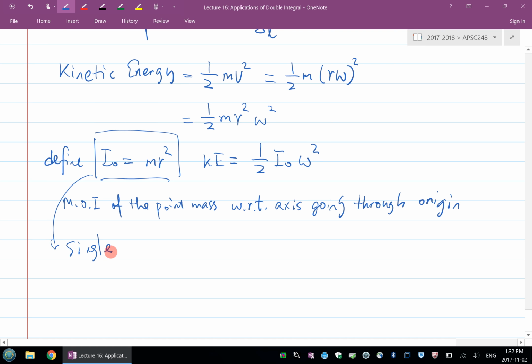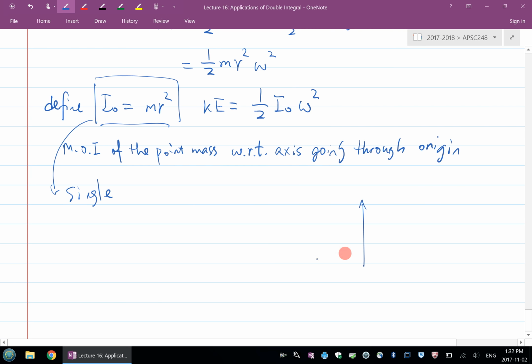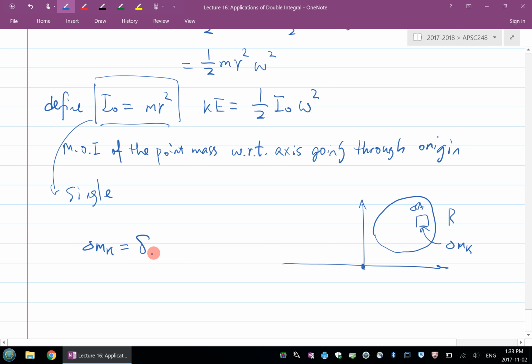Now, here is a thin plate represented by region R, and I'm interested in the moment of inertia of this region R with respect to the axis passing through the origin. I can make use of an approximation concept. I take a small area here, and this small area has a small mass, so delta m k equals the density times the small area.